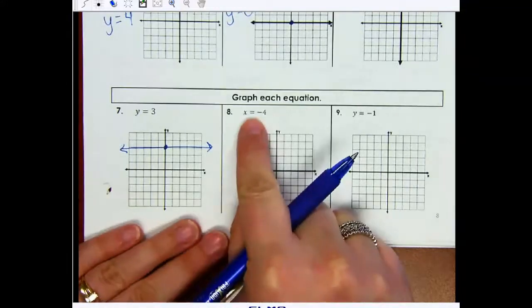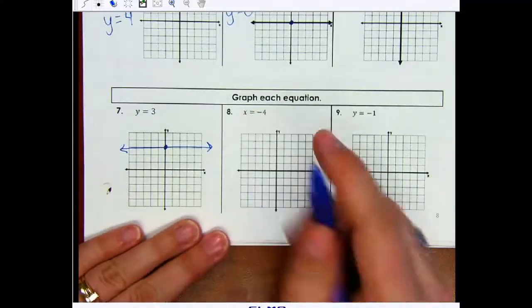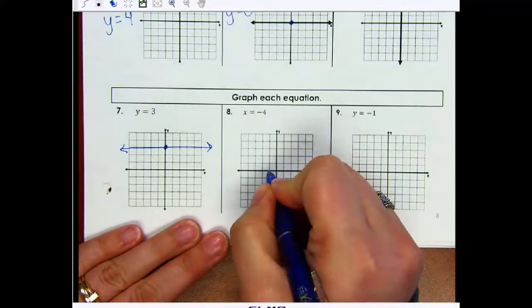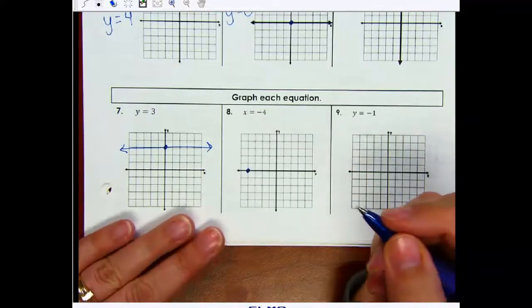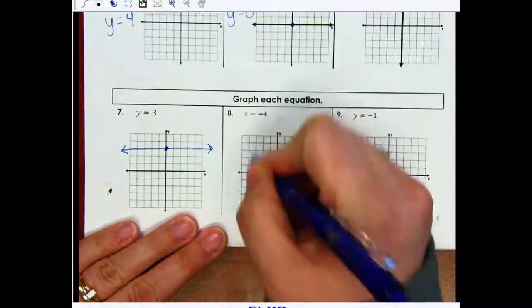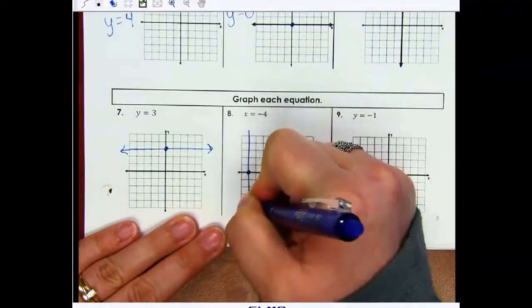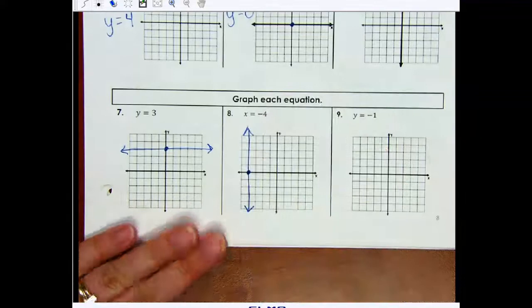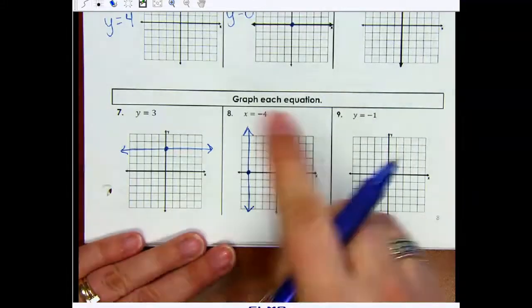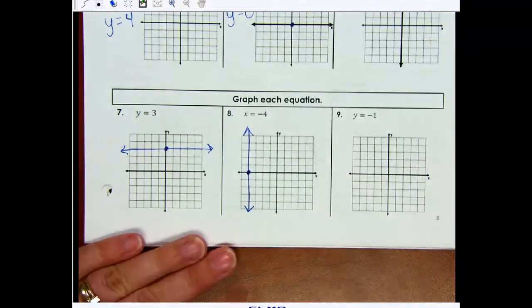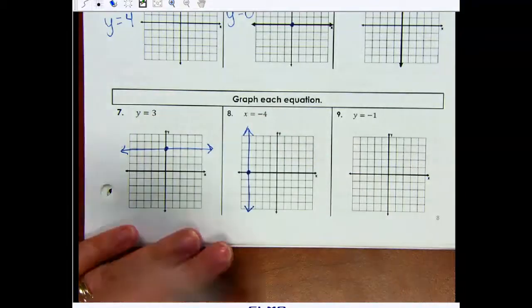This one, you're going to find where x equals -4 on the x-axis, so 1, 2, 3, 4, so that's -4. And then you're drawing a vertical line across the x-axis.